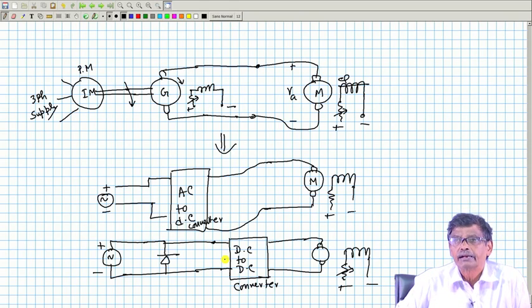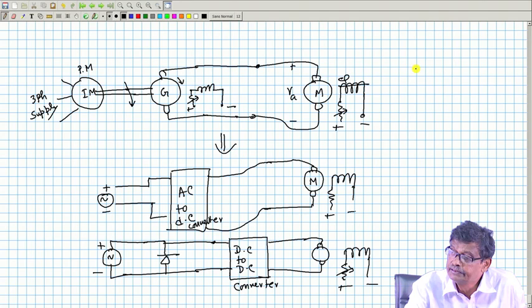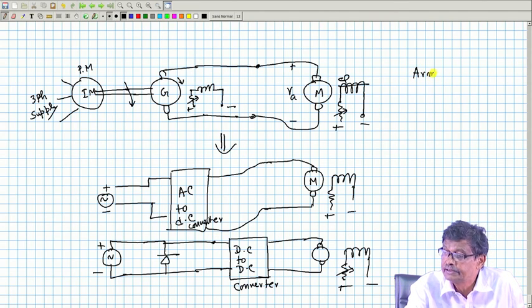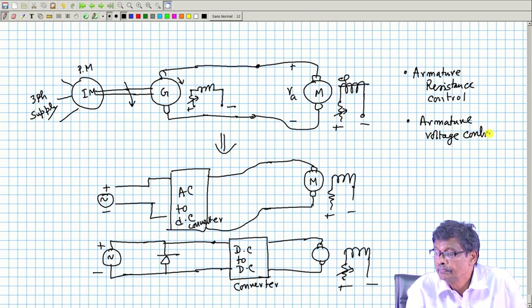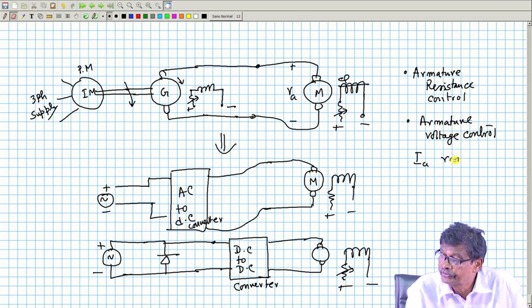Now, I will make one comment here. In both these methods, armature resistance control, which of course we will not be using because we know it is inefficient, and armature voltage control, IA remains constant at constant load torque.